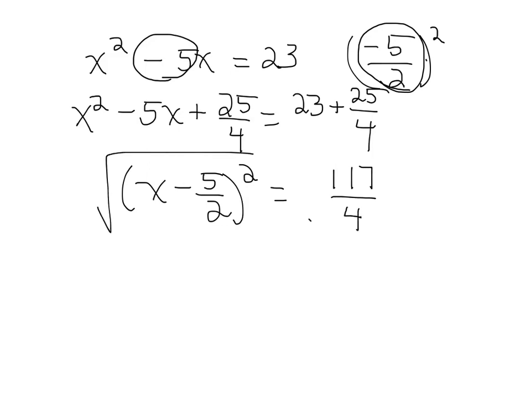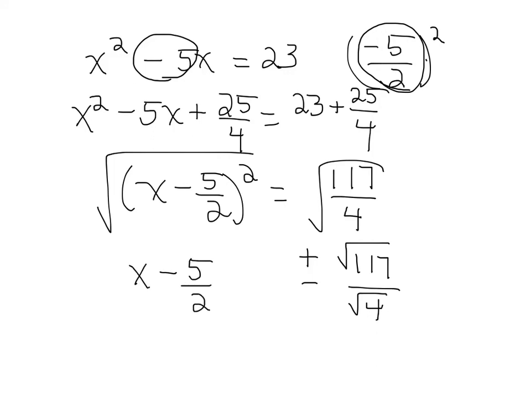When I take the square root of it, remember I have plus or minus, and this is root 117, and this is root 4. The left side is now x minus 5 over 2. Well, since 1 plus 1 plus 7 is 9, we know that 9 is a factor of this. So this is really the square root of 9 times the square root of something, which happens to be 13.